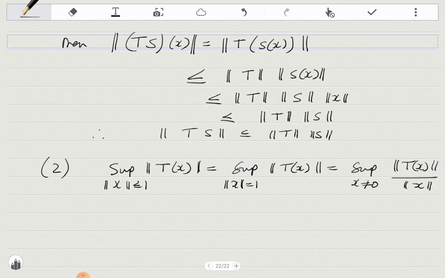In fact, we have already seen in the course of the proof that the first equality has already been dealt with, and the second equality also we have seen right in the beginning. So I'll skip this part. I'll write it as check this.